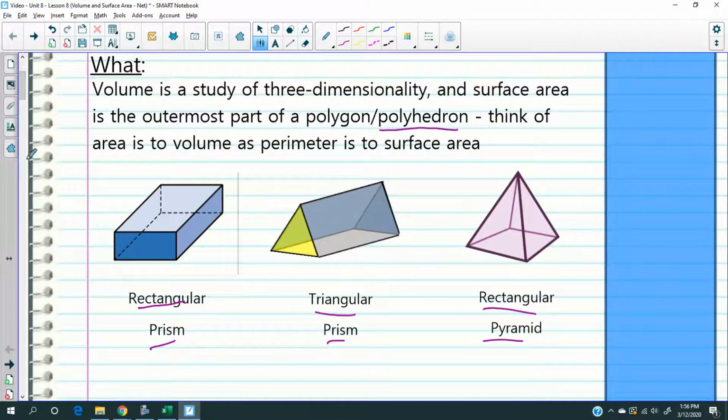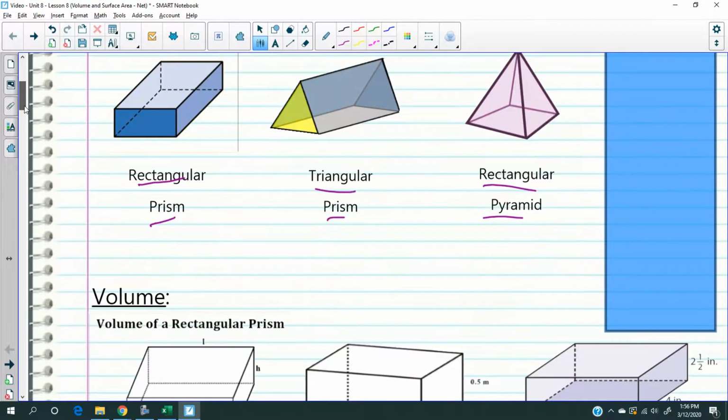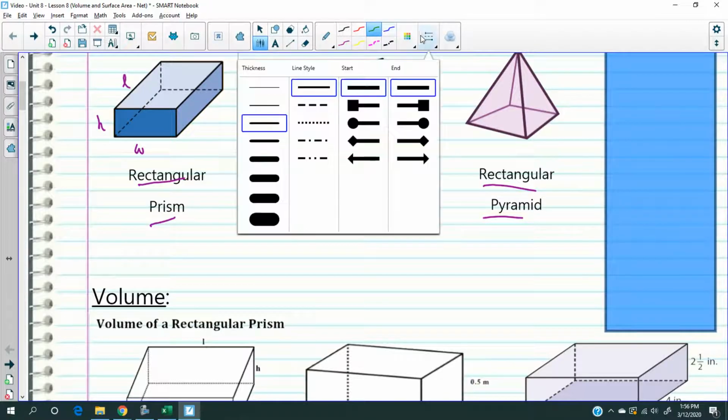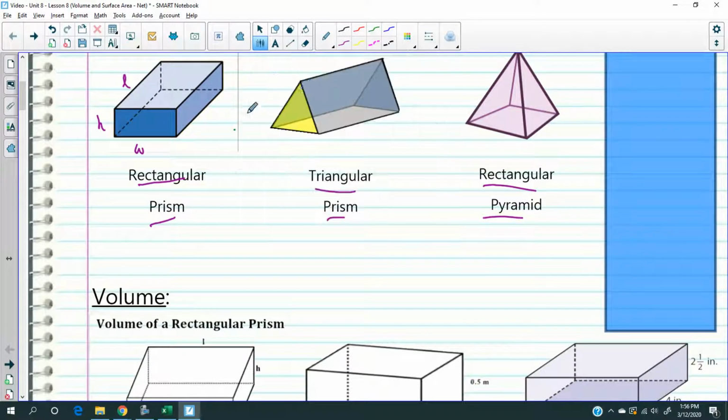Okay, all right, so let's talk. Okay, what is a rectangular prism? So a rectangular prism is essentially your standard rectangular box, so to speak. So here you got your length, you got your width, and you also have your height. Okay, so that's what we're talking about here. For a triangular prism, we have these lengths, right?